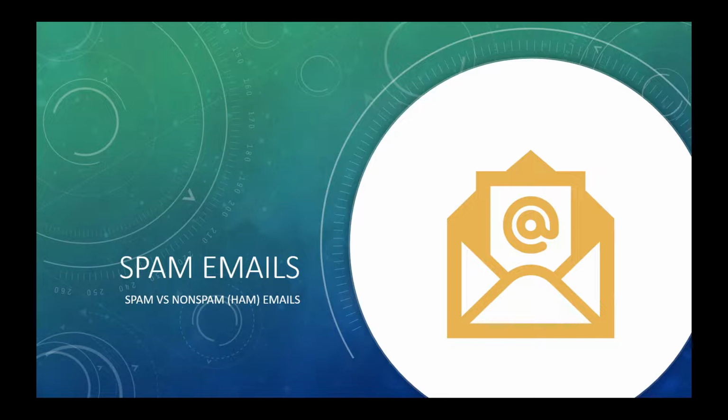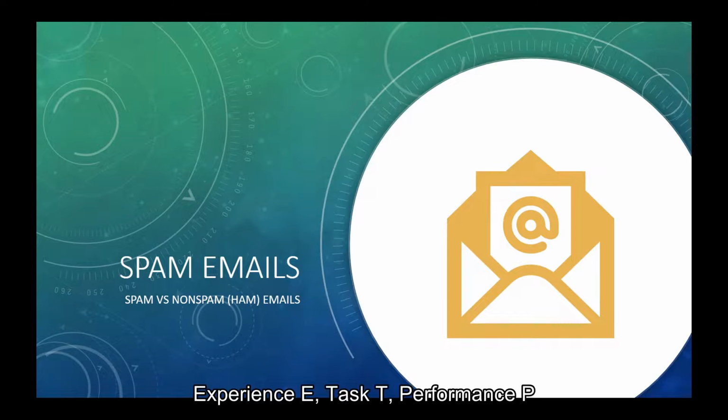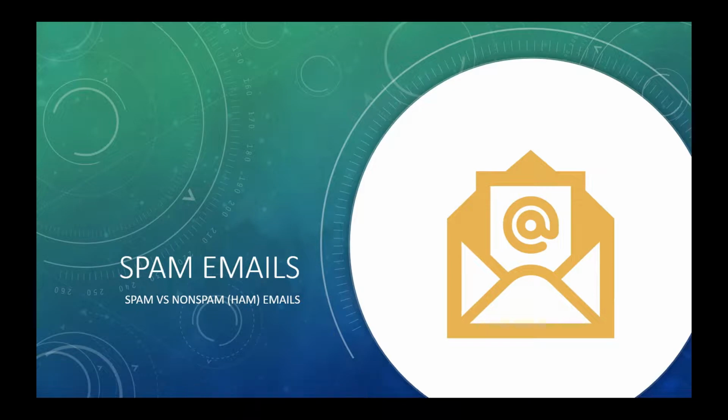Now, if we take the definition we gave earlier, where we have the elements experience, task, and performance, our task is to flag emails, whether they are spam or ham. The experience is the training data. That means we need to fetch all the previous emails we have, the ones that are actual spam and the ones that are ham. If you are building a traditional program, you need that data in order to find something.